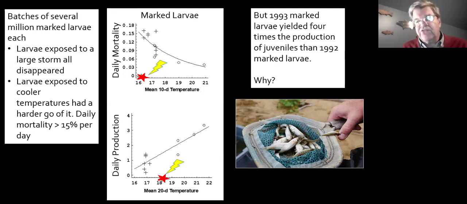So we went out in the summer, we collected juveniles, and we looked for marks there as well, or otolith marks. So we found out the juveniles in 93, they had 4 times the number than we did in 92. So the improved survival that we saw in 93, the bigger nursery area we saw in 93 carried forward to having 4-fold the abundance of juveniles in 93.